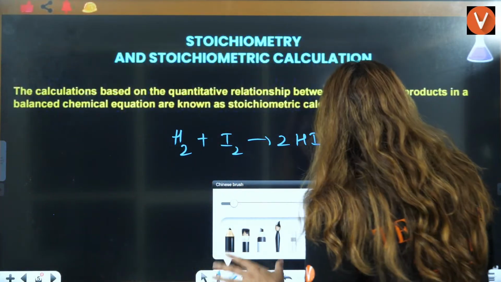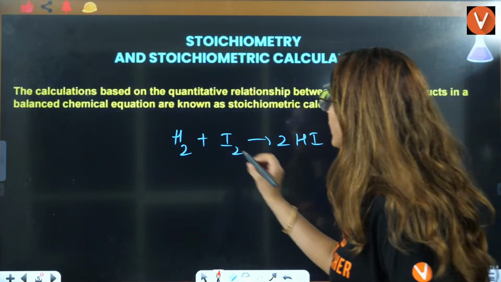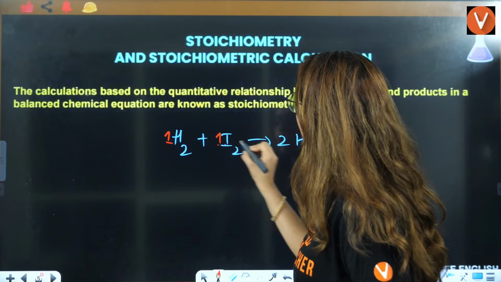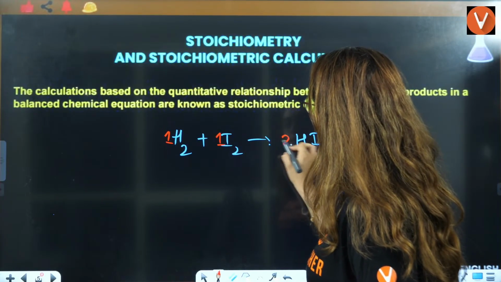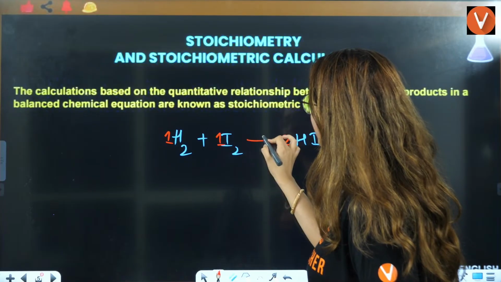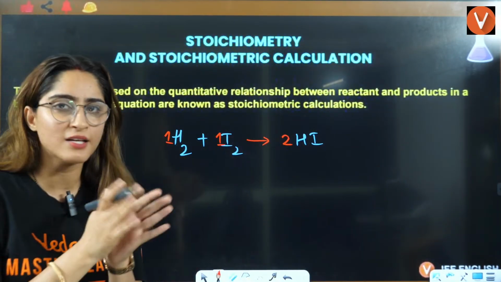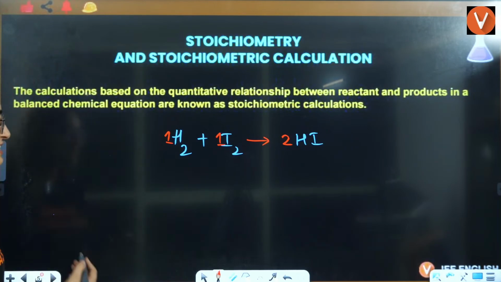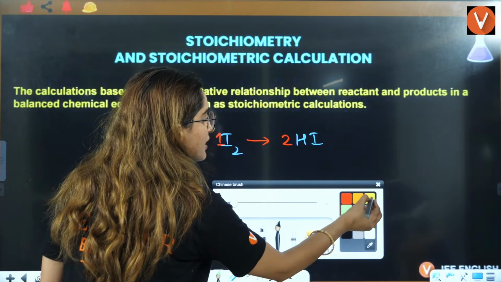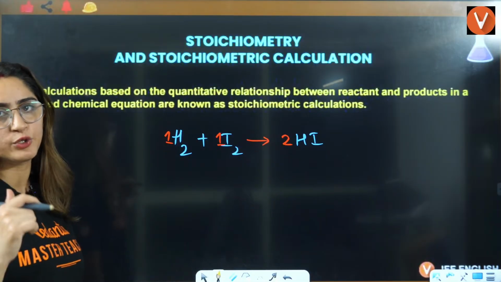When you balance this reaction, you get 1, 1 and 2. For you, this is just a digit before the compound in the balanced reaction. But what exactly are these coefficients telling you?